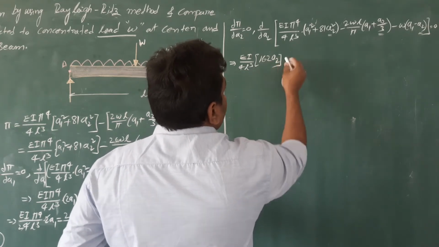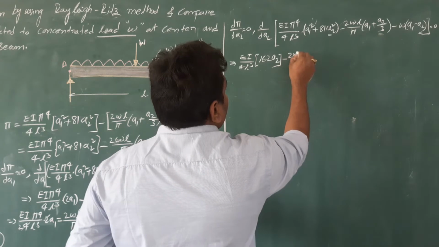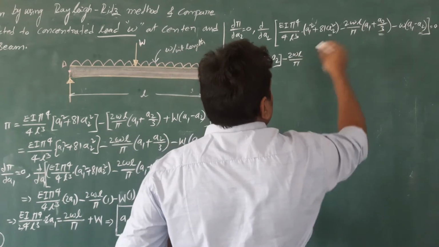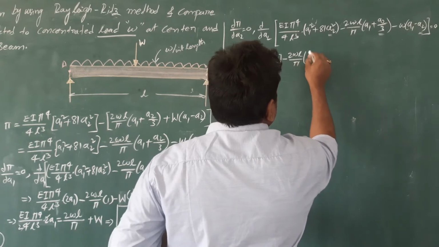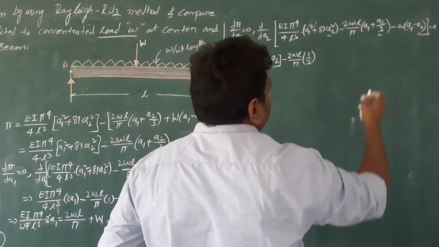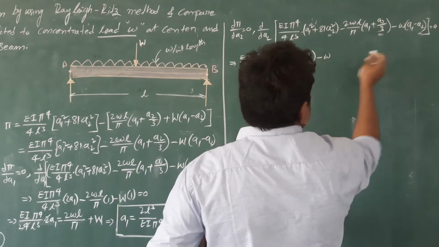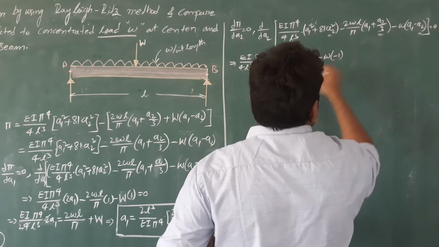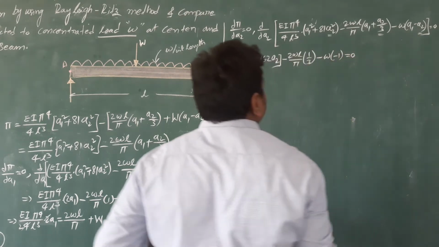minus 2WL divided by pi into here is 1 by 3. Next here minus W into minus 1. It is equal to 0.